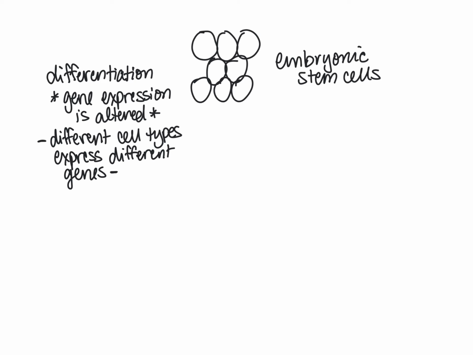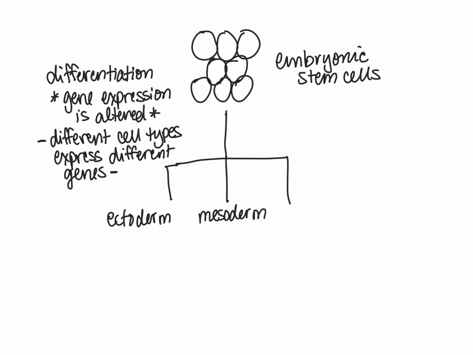And so this happens when the embryo gets to a certain point. And so our first round of differentiation is going to be those embryonic germ layers. All right, so this is where we're going to get the ectoderm, the mesoderm in the triploblasts, and the endoderm.